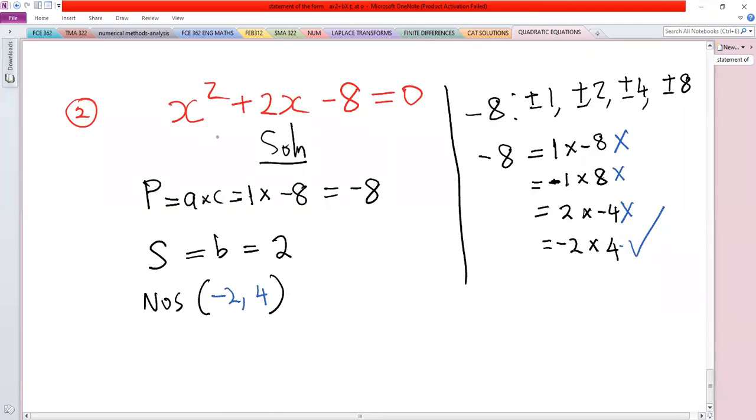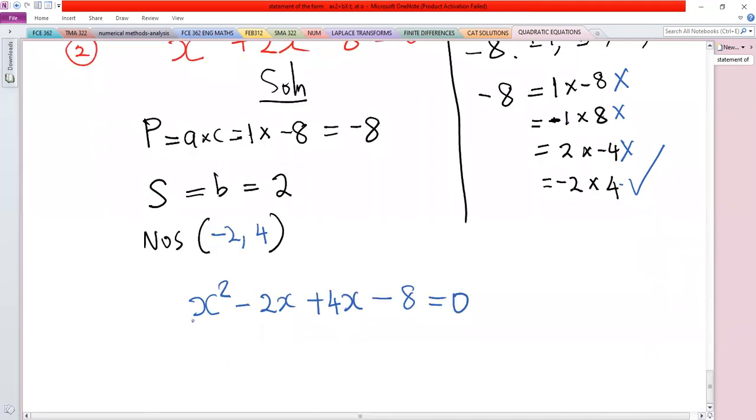So I will write this quadratic as x squared minus 2x plus 4x. Now we are using these two numbers to write the middle term, and then minus 8 is equal to 0. So you pair the first two and the last two.